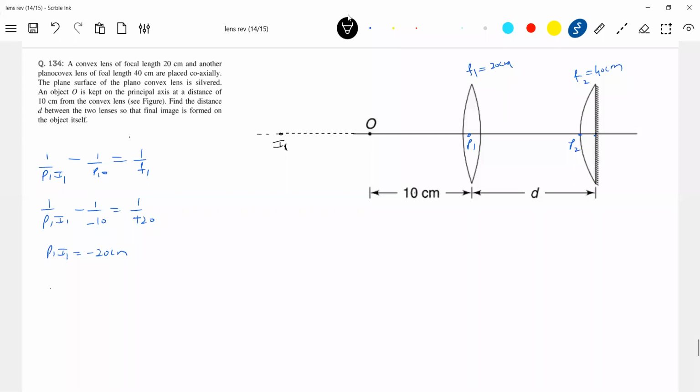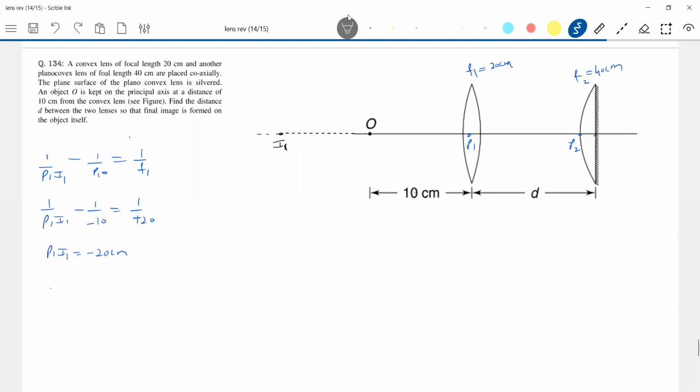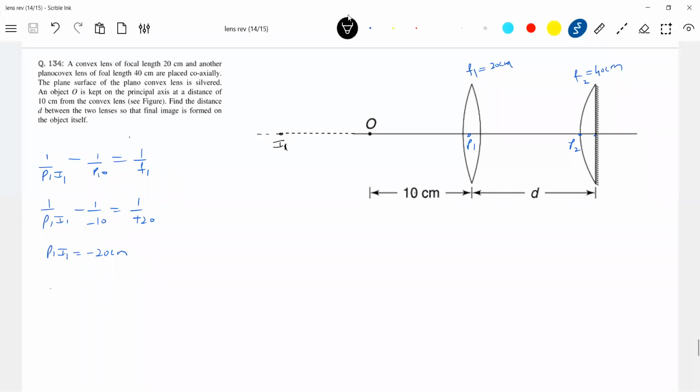Find the distance. We don't know mu. I'm searching for mu. Mu is not there. Okay, let's keep it and we'll call the radius R.